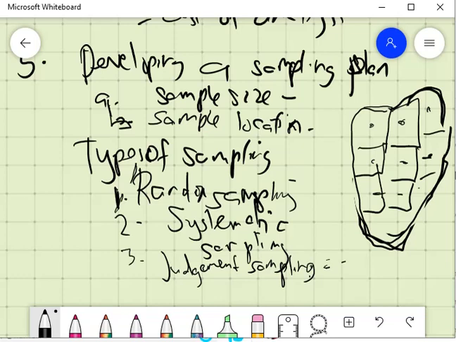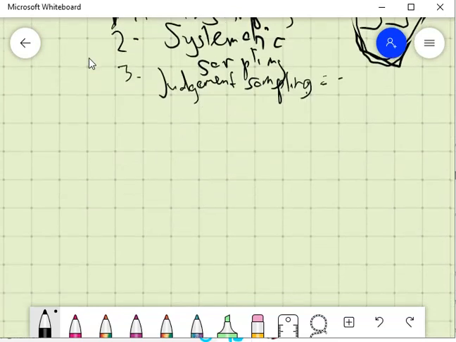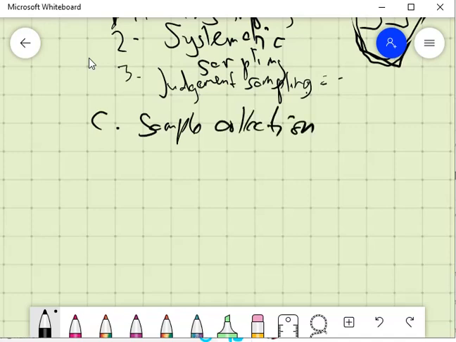So for developing a sampling plan, you have to consider the sample size, sample location, and of course, the sample collection. This will answer questions like, how do I take the samples?